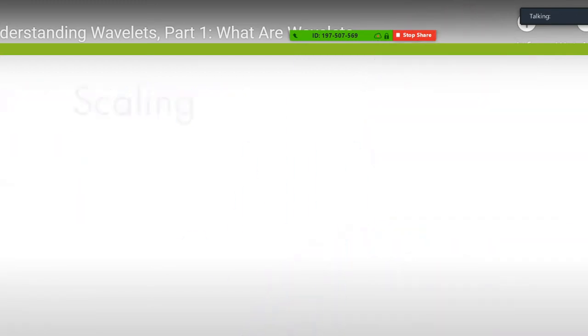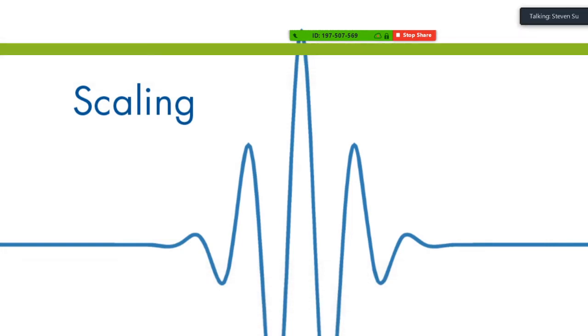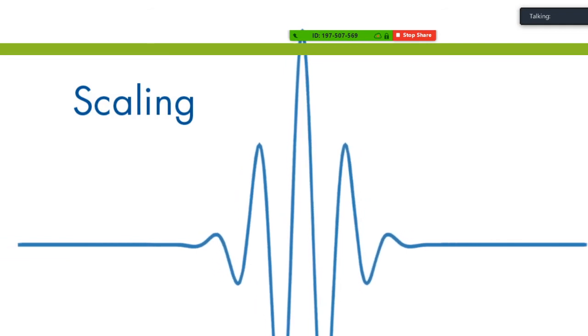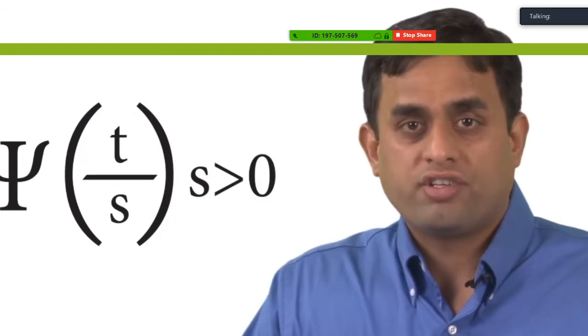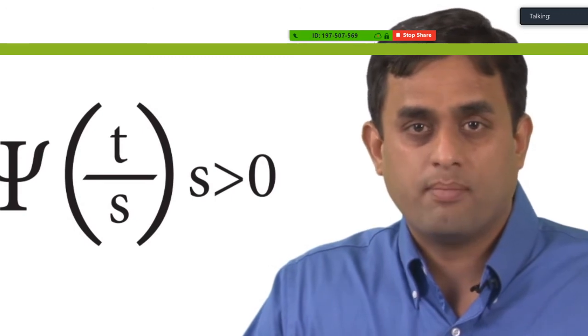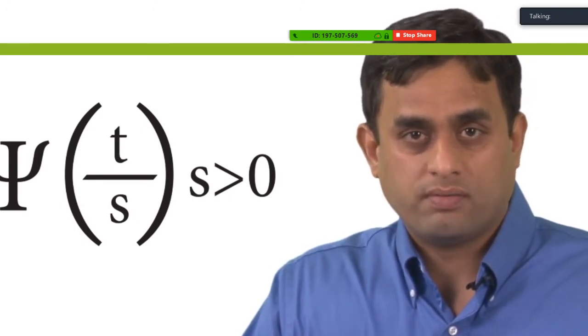Let us start with scaling. Say you have a signal psi of t. Scaling refers to the process of stretching or shrinking the signal in time, which can be expressed using this equation. S is the scaling factor, which is a positive value and corresponds to how much a signal is scaled in time. The scale factor is inversely proportional to frequency.